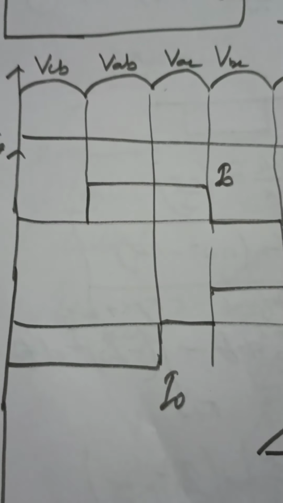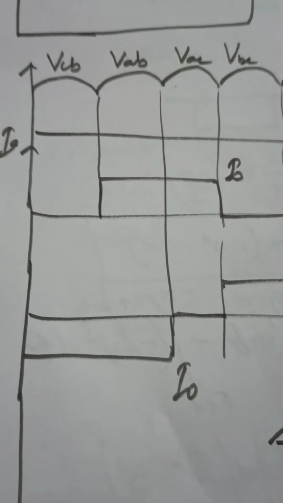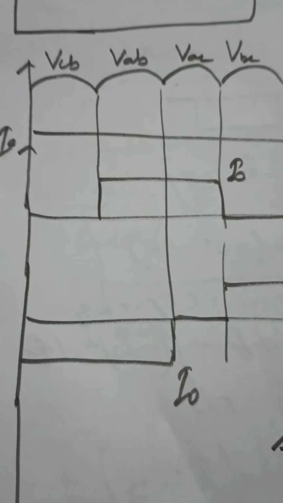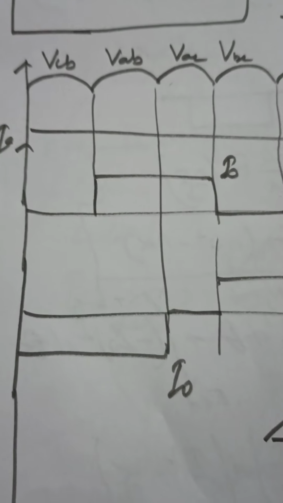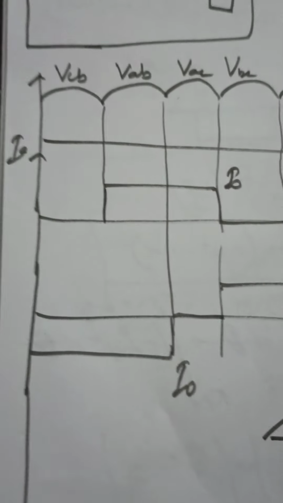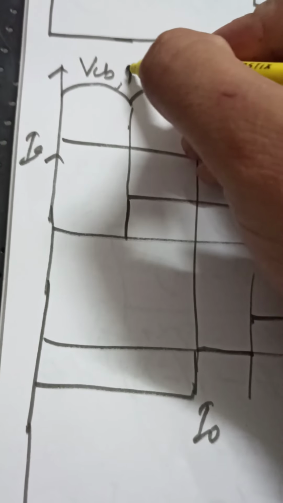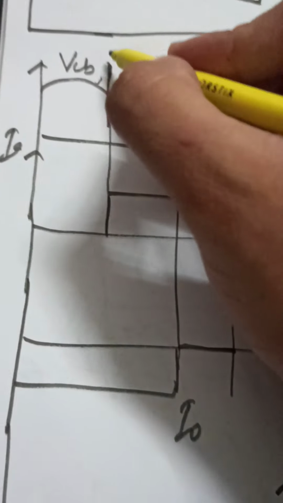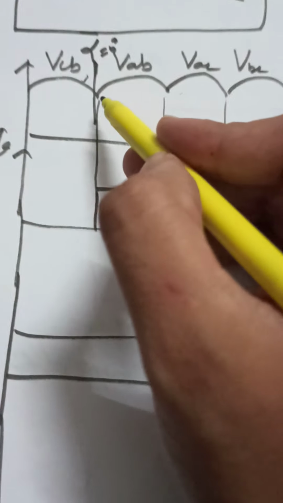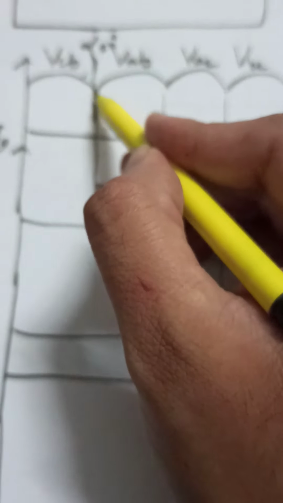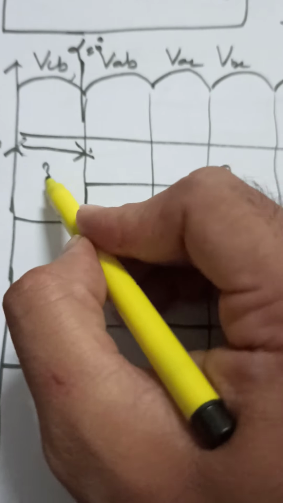Now that shift is assumed to be the zero origin in our case. So now the waveform analysis becomes quite easy, very easy. So if alpha equals 0, then this is alpha equals 0, and this waveform will be at 30 degrees.